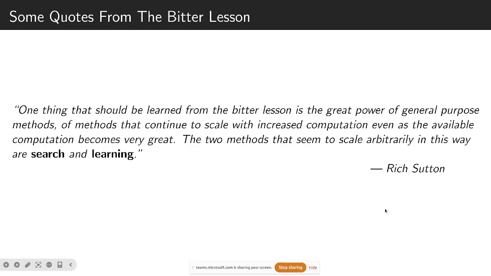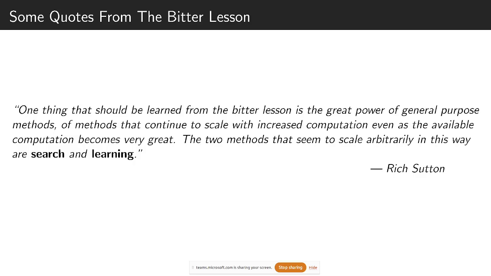Let's get started with a quote, the usual quote from Rich Sutton about the bitter lesson. One thing that should be learned from the bitter lesson is the great power of general-purpose methods, of methods that continue to scale with increased computation, even as the available computation becomes very great. The two methods that seem to scale arbitrarily in this way are search and learning.